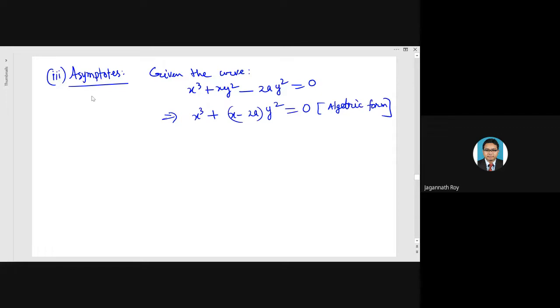Now we cannot make the coefficient of x cube equal to 0 because the coefficient is 1 here.